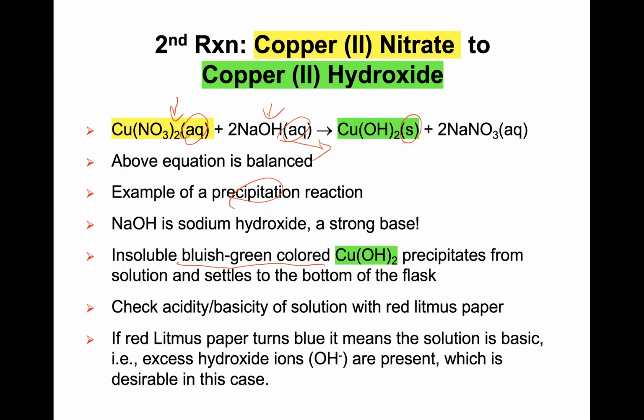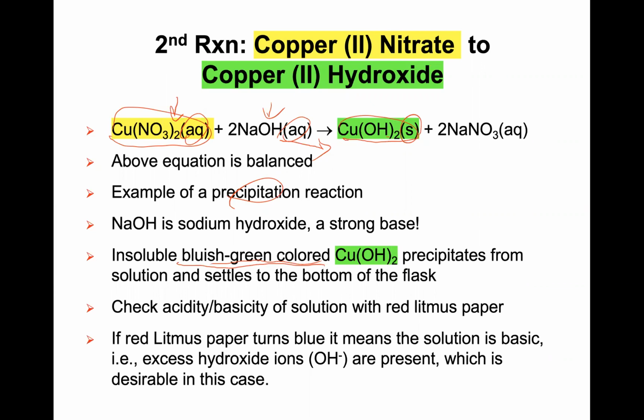Because if it is not enough, then some copper will be left in the solution, and in this case you cannot tell, even if you see a lot of the bluish green colored precipitate.